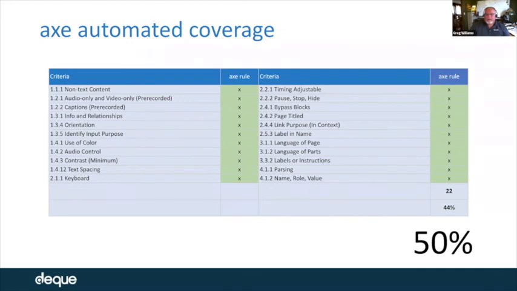So not just looking at what we're writing the rules for, but going back to big data and saying, for the things that we're seeing in the wild today, how much does this address? Well, it's addressing 50%. So I ask you to recall that number, 10,630.